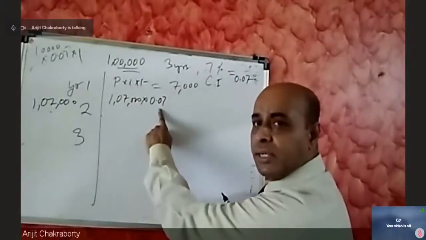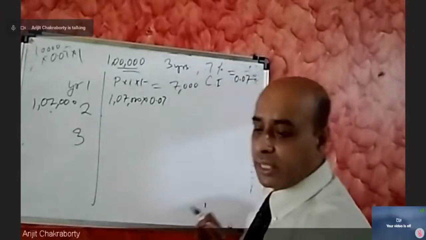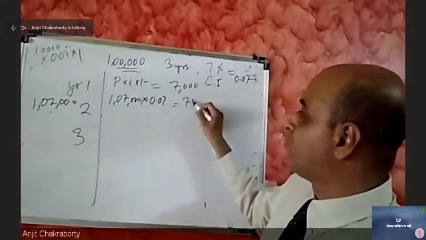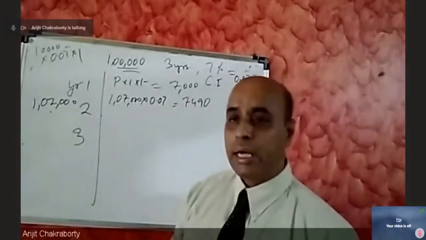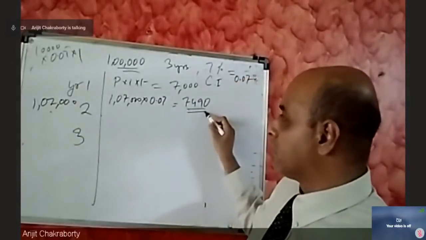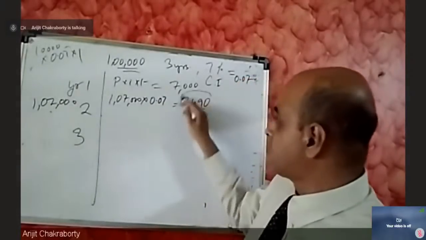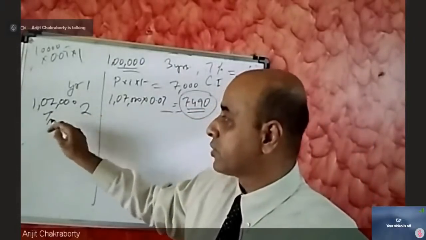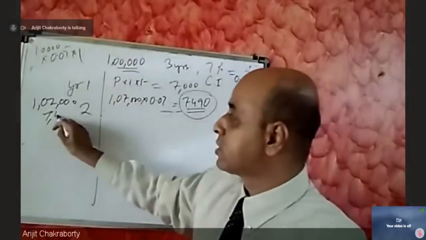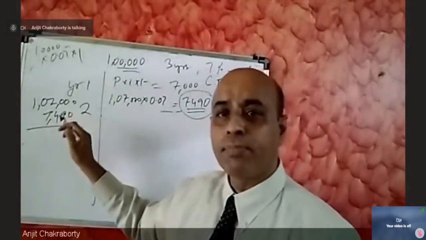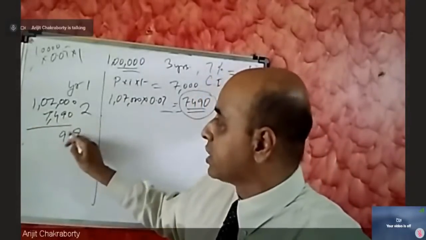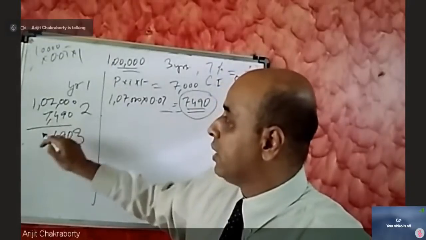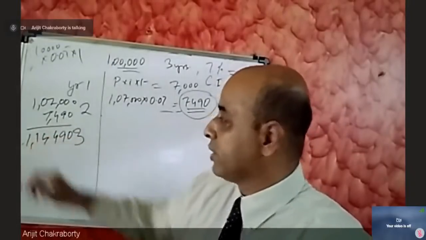Interest rate is 7%, time is 1 year. You will see that this amount will come to 7,490. This is the interest which you earn in the second year. This now gets added with 1,07,000. So in the third year, your principal becomes 1,07,000 plus 7,490, which is 1,14,490.